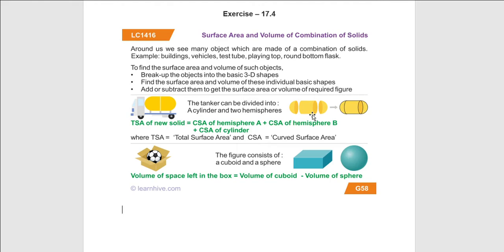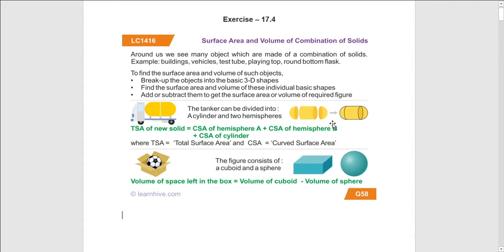Now in the third exercise we completed the sphere. Curved surface area of the sphere is 4 pi r square. This sphere is divided into two halves, which means hemisphere.